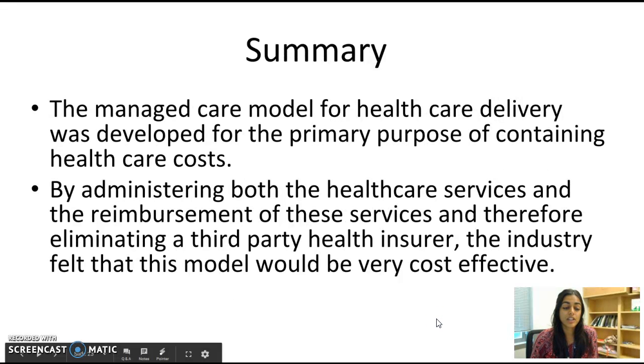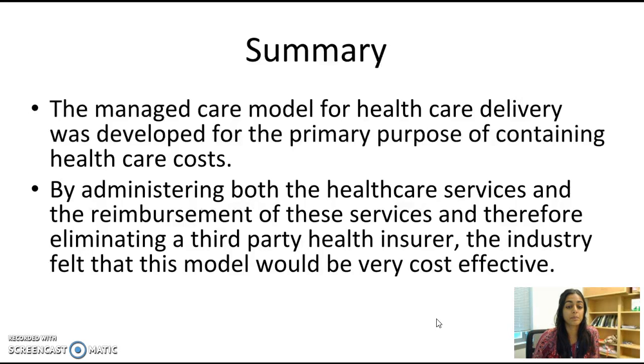So in summary, the managed care model for healthcare delivery was developed for the primary purpose of containing healthcare costs, and probably has to do with how a gatekeeper works in coordinating a patient's care, their referrals, their other conditions, and ideally focusing on preventive care and having a primary care physician that encourages them to take part in primary prevention, which we've talked about in this class, at the level of personal behaviors, but also secondary prevention, at the level of the clinic for screenings and immunizations.